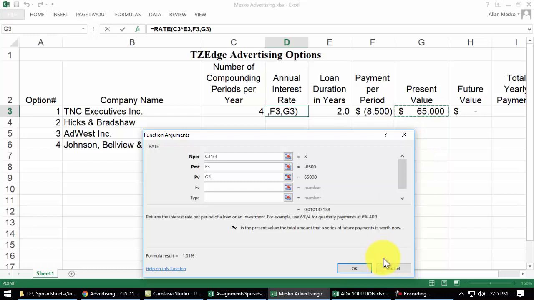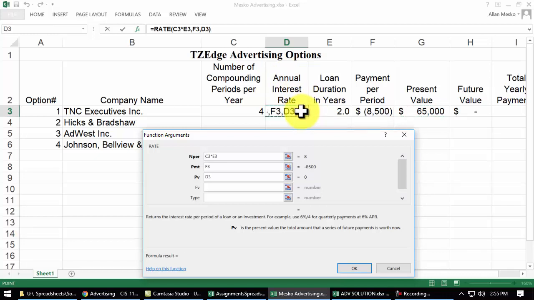And it's telling me that my interest rate, if I'm paying down to 0 and paying in arrears, my interest rate per period, remember, is 0.01. So it's about 1% per period. But this says annual interest rate, doesn't it? So we're going to have to take that rate and do what with it? That's right.